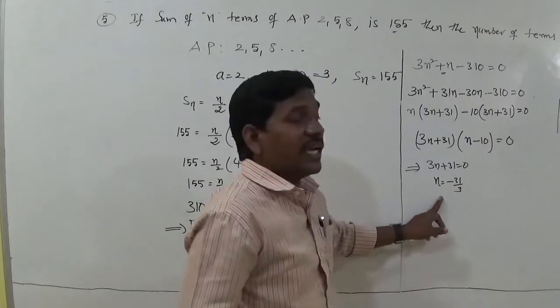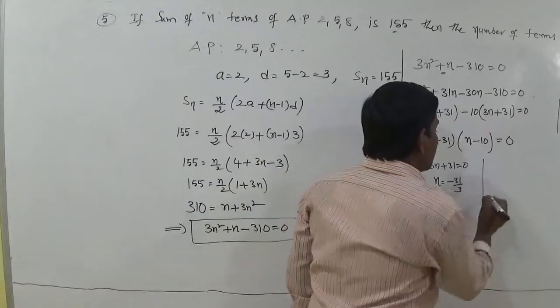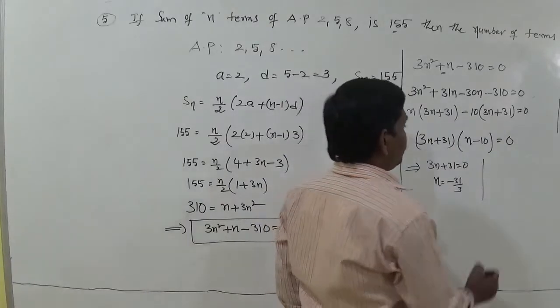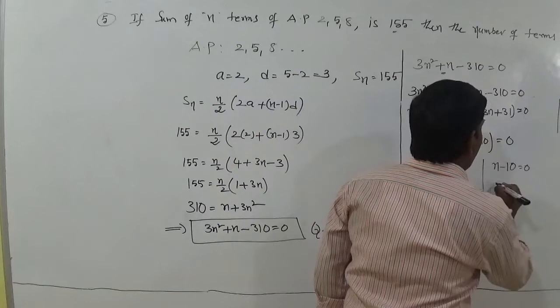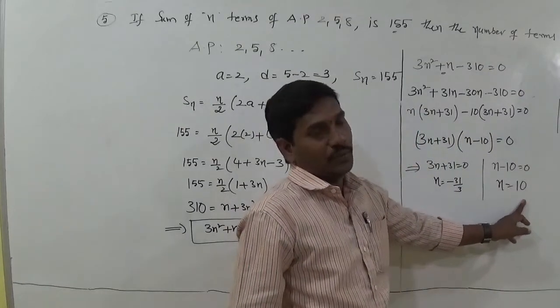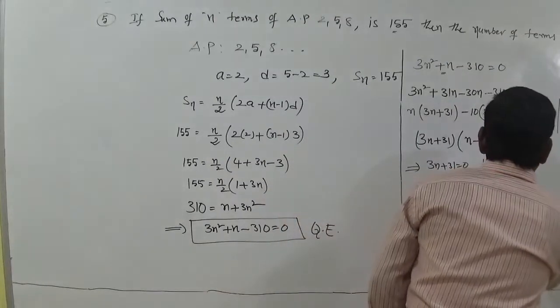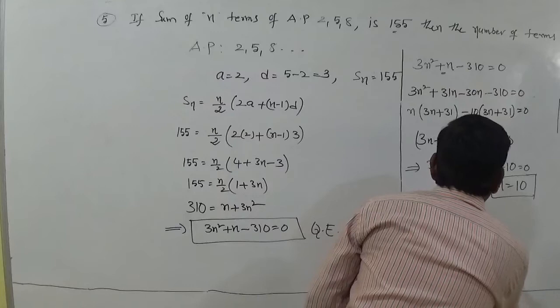Here n should not be negative; we should not take a negative value. And n minus 10 equal to 0 gives n equal to 10. Here we got a positive value, so this is the correct answer. We should take the positive value. So n equal to 10.